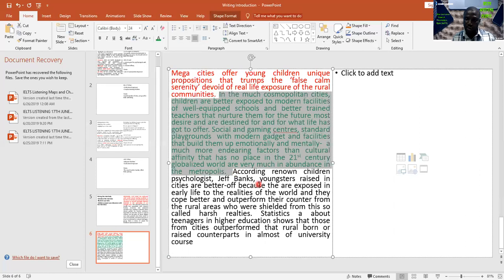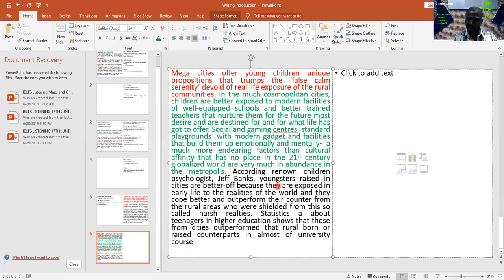So according to renowned children's psychologist Jeff Bank, children raised in cities are better off because they are exposed in early life to the realities of the world, and they cope better and outperform their counterparts from the rural areas who were shielded from these so-called harsh realities.